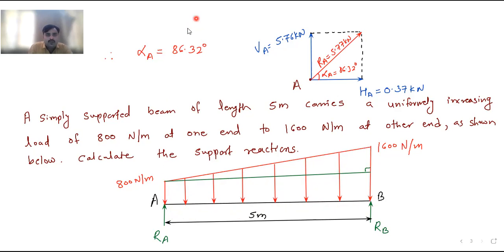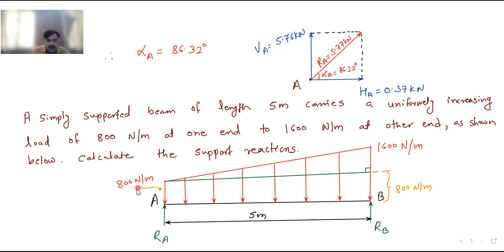Now suppose this ordinate is 800 Newton per meter, then this much of ordinate is also 800 Newton per meter. But when we consider the triangle, the total ordinate is 1600.